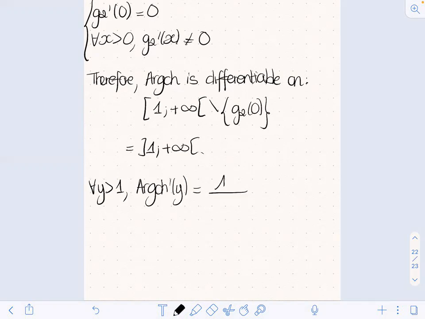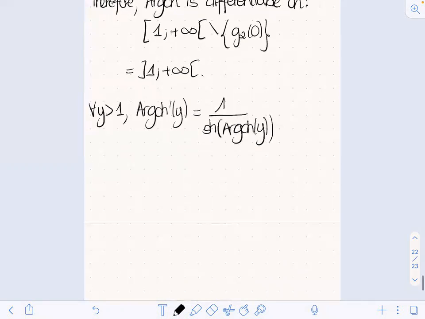So here we'll have ch prime, so sh, applied to argch of y. That's an initial expression for the derivative of the inverse function. But we're going to try and rewrite this. How do you think we may be able to rewrite this?